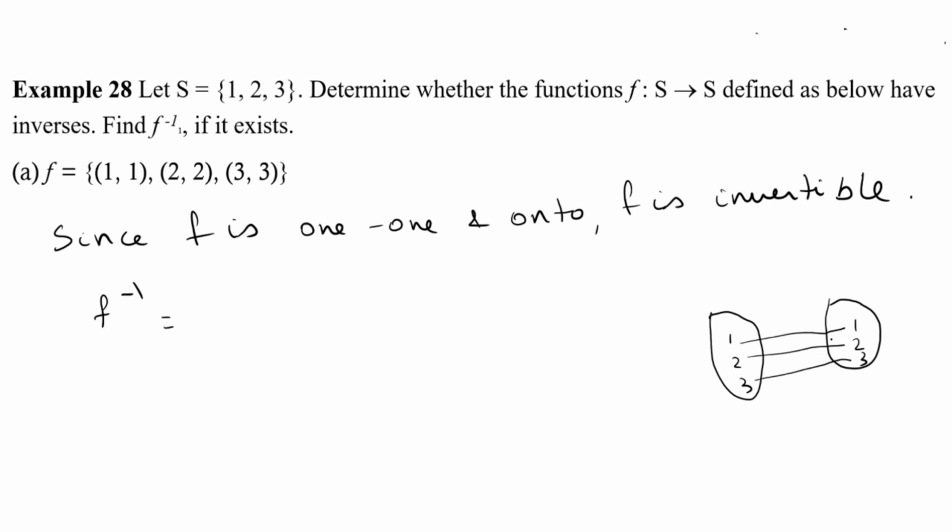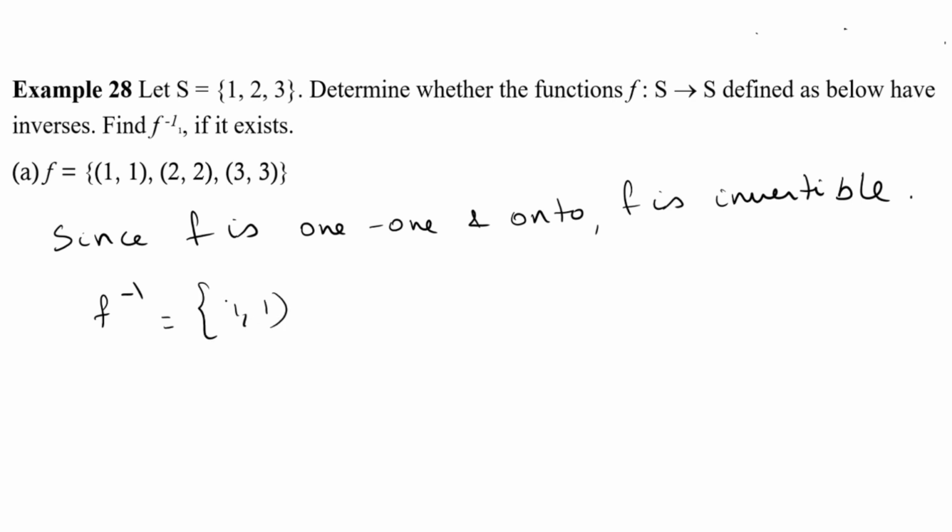Then f inverse will be again 1 mapped to 1, 2 mapped to 2, and 3 mapped to 3. So f inverse is equal to the same function f: 1, 1, 2, 2, and 3, 3. This is equal to f.